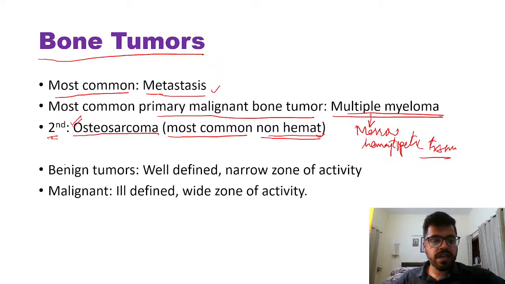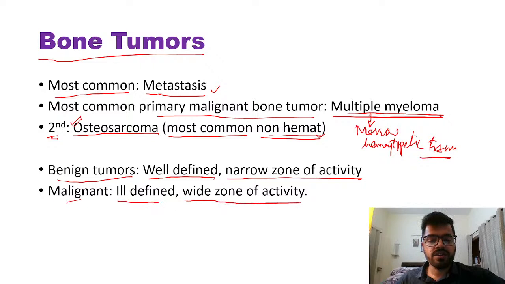Then as we know, benign tumors are well defined and they have a narrow zone of activity, and malignant tumors are relatively ill defined with a wide zone of activity. Usually the malignant tumors do not respect anatomic barriers, and they also have a wide zone of transition.